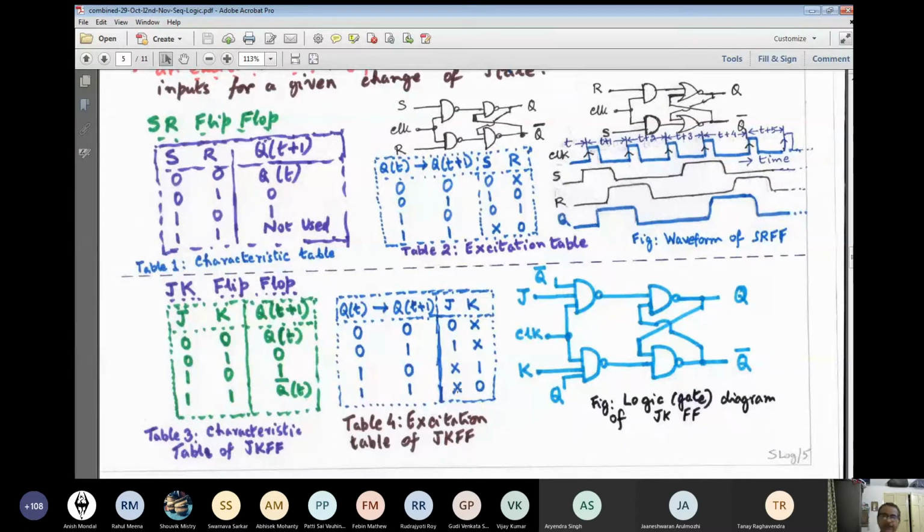That means the circuit will be simpler. The output equation and the next state equation will be simpler if you use a JK flip-flop instead of an SR flip-flop. That is principally due to the presence of more don't cares in the excitation table of the JK flip-flop. And of all the flip-flops, the JK flip-flop has the maximum number of don't cares.